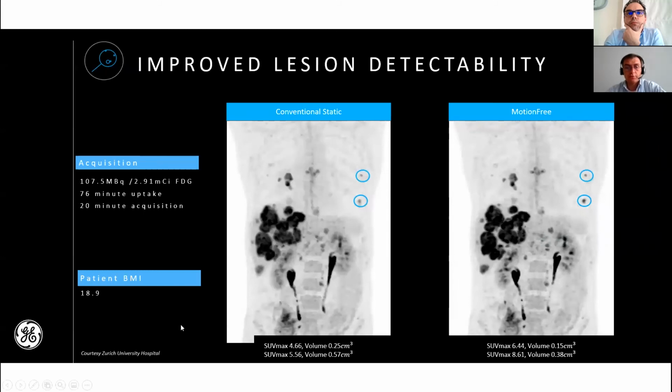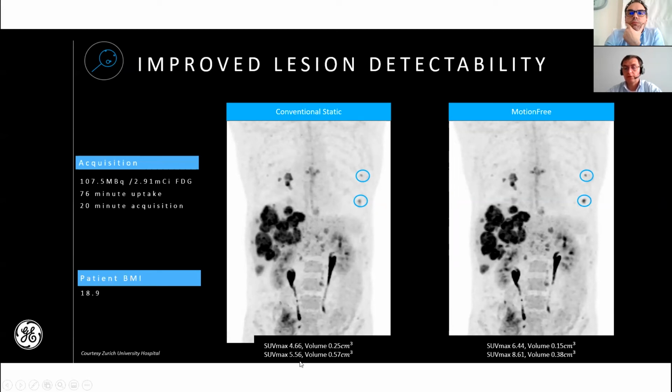This example is demonstrating a patient also with improvements in detectability. But here, extremely important are changes in terms of quantification. SUV max for the first lesion is changing from 4.62 to 6.44, and volume is decreasing as well.